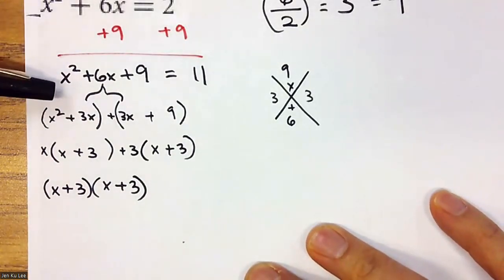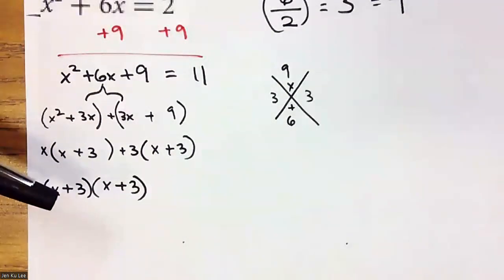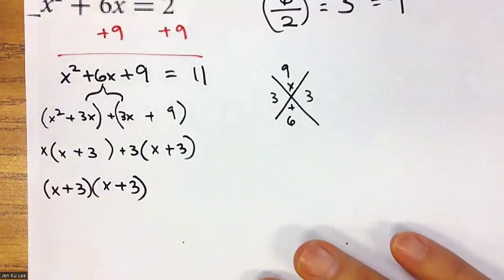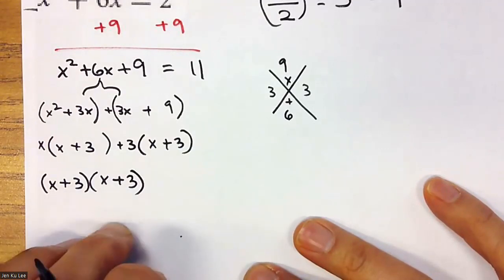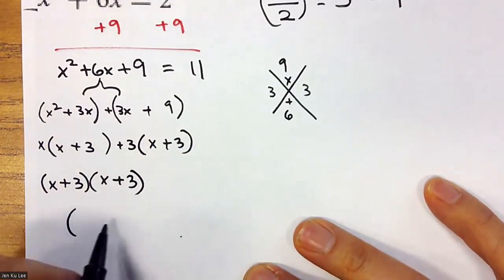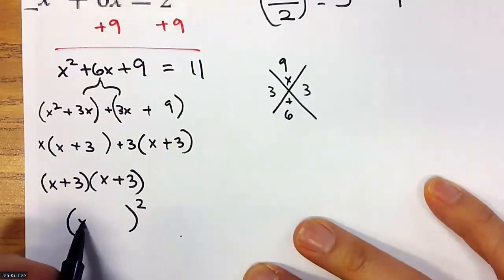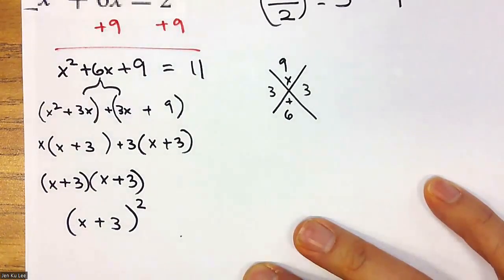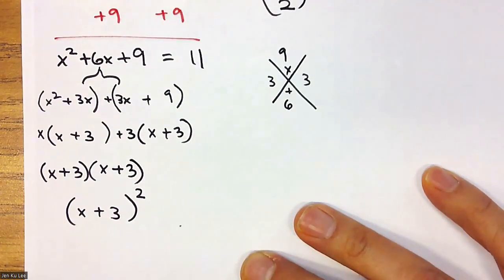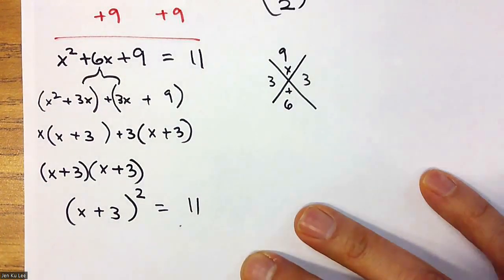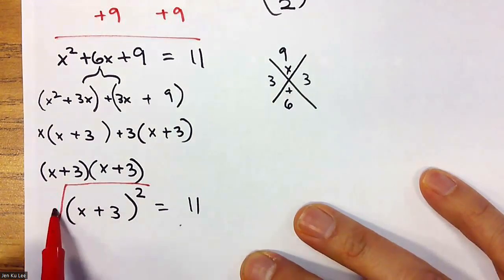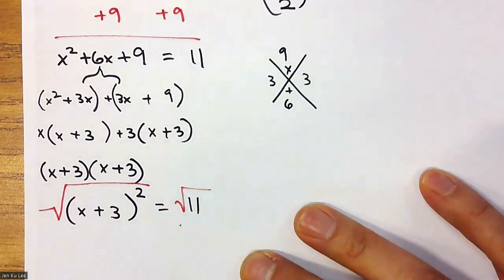So we factored this out to be x plus 3 times x plus 3, right? Now, since there's two x plus 3's, we can put them in one and square them like this, okay? Equals 11. And then we're going to solve it by square rooting it.